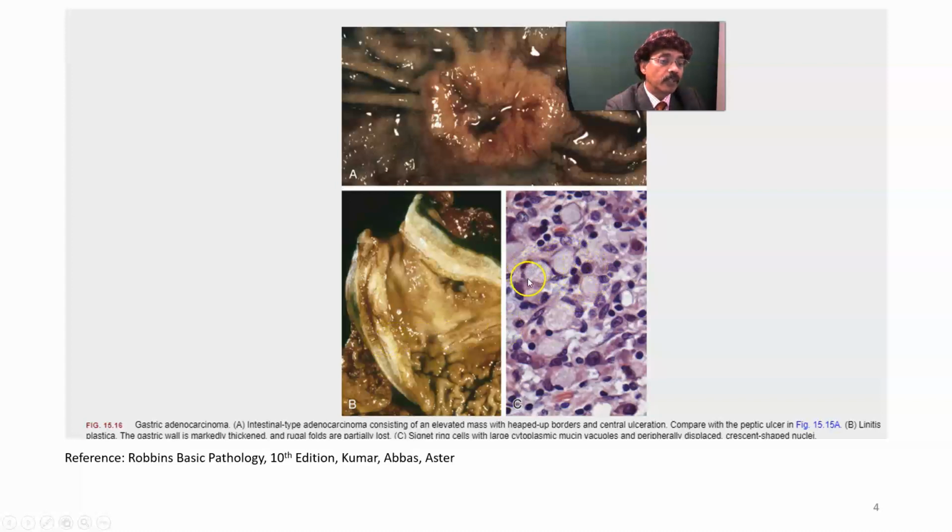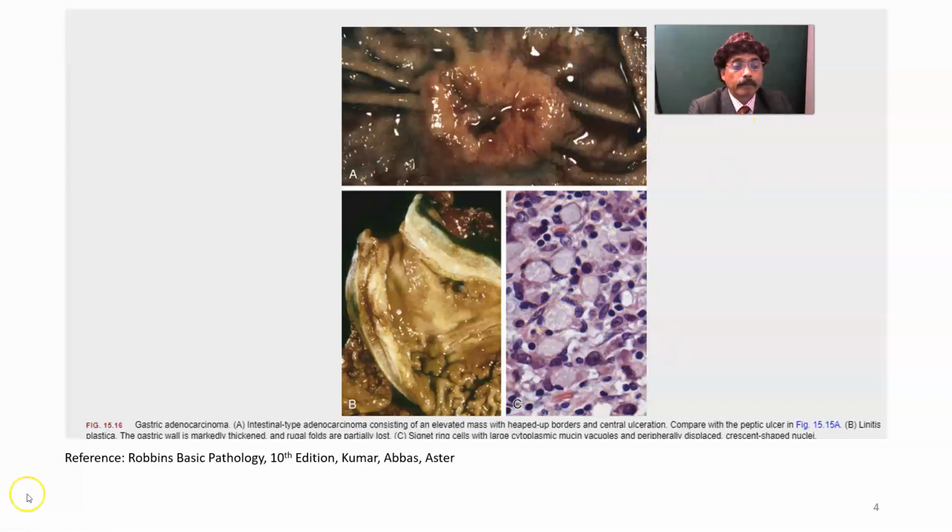Nucleus at the periphery with a mucin vacuole here, with mucin vacuoles here. So multiple vacuoles, maybe one very large vacuole, and nucleus at the periphery, we call it signet ring cells. So this type of cell is a characteristic cell in case of carcinoma of the stomach.